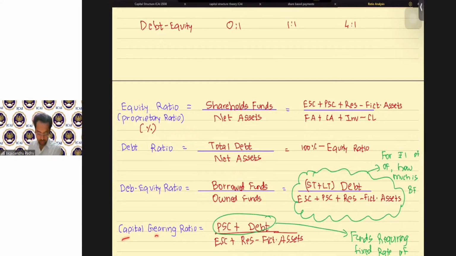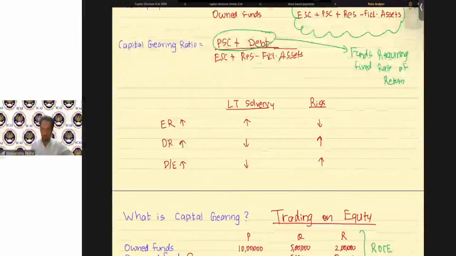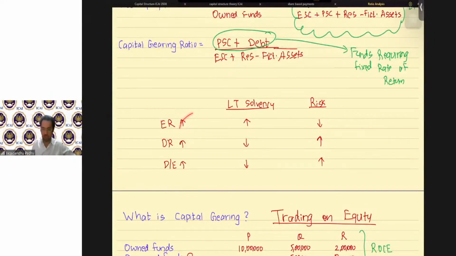That was the capital gearing ratio. These two were the funds which required a fixed rate of return. Okay. So of course, if the equity ratio is higher, it indicates higher solvency and lower risk. Same way, if the debt ratio is higher, it indicates lower solvency and higher risk.